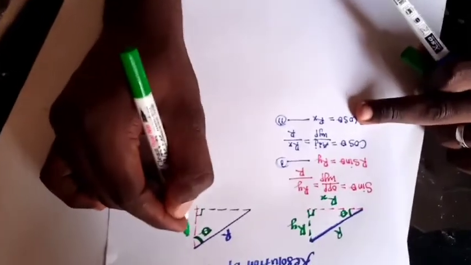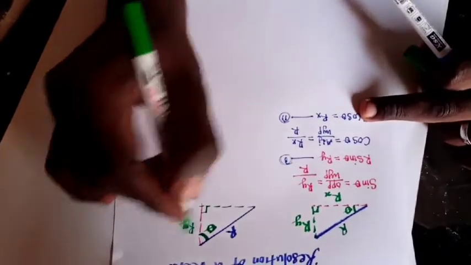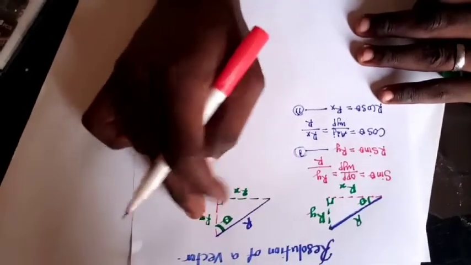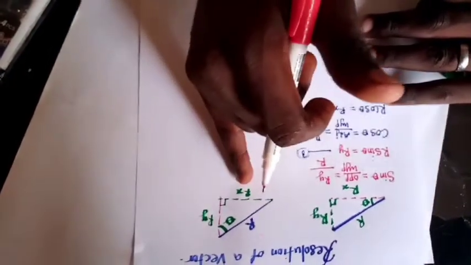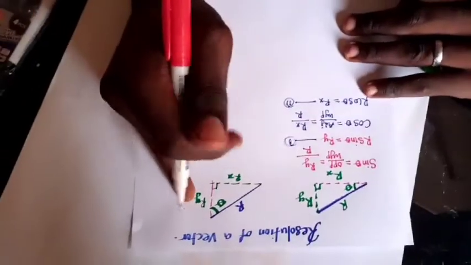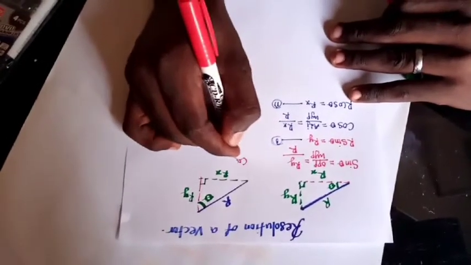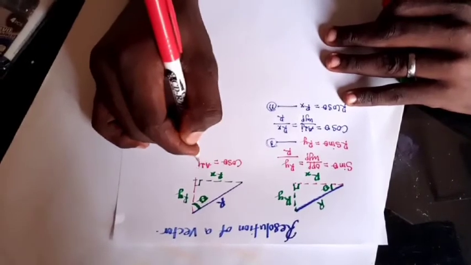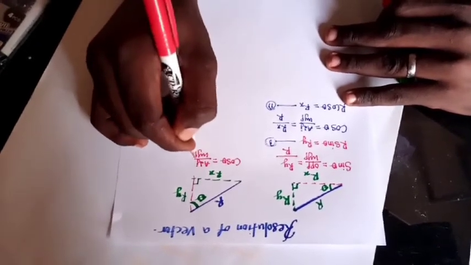Then we have to resolve the vector R to get the vertical component and the horizontal component. We also do what? Apply the trigonometric ratio. For us to get the vertical component, since this place is the opposite and here is the hypotenuse, here will be adjacent. So I'm going to use cosine of theta to equal adjacent over hypotenuse.